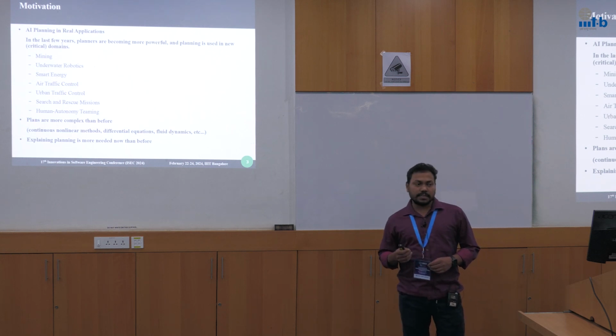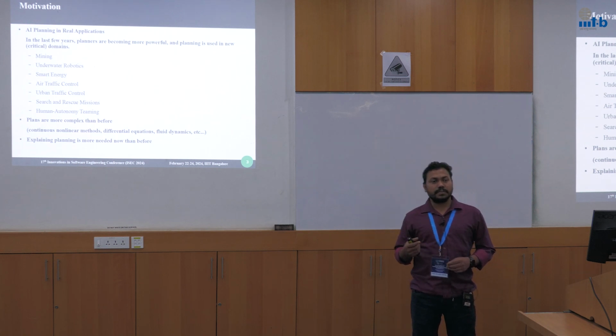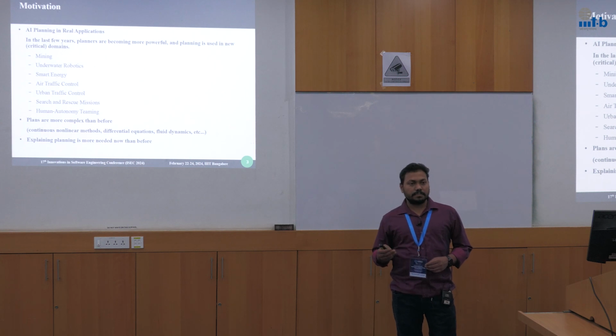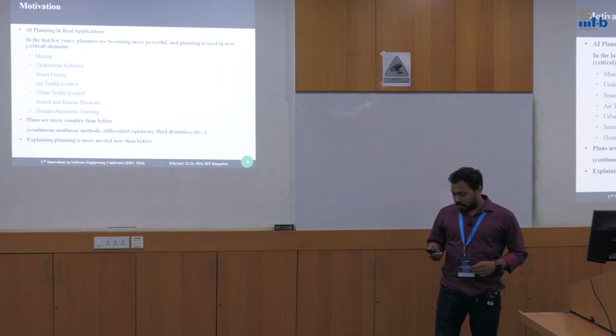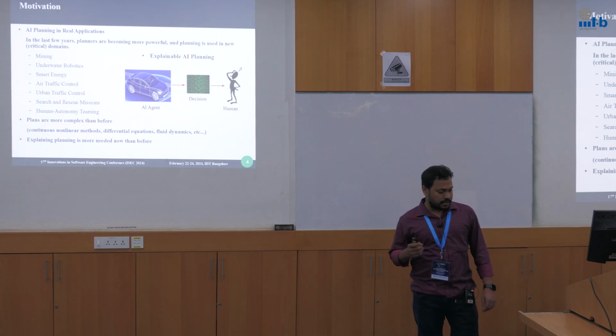So the motivation of explainable AI planning is that it should give some sort of explanation about the behavior of an autonomous system to the user to build trust, and this way we can design better transparent systems for the user.